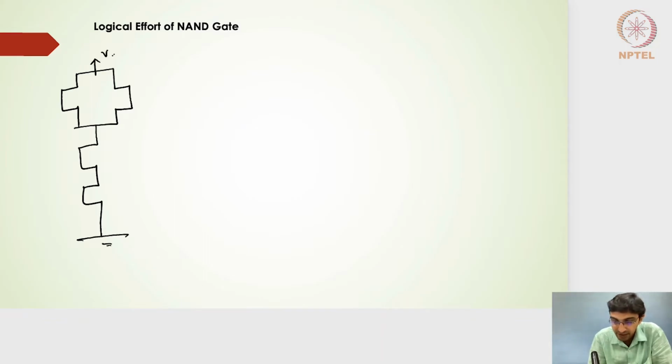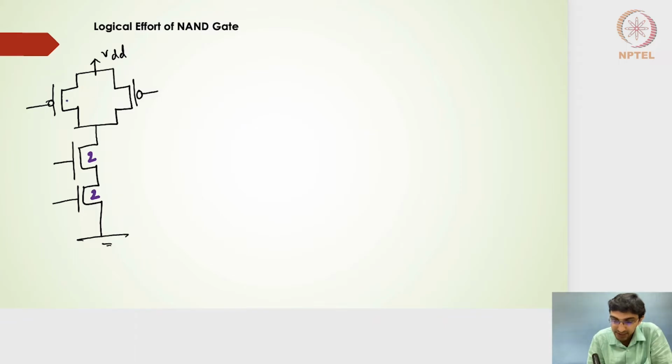This will be VDD, and because it's a PMOS, I need to have bubbled gates in the PMOS side, and then on the NMOS side it will be like this. The sizes are very important here, and as we know, this is a 2 input, so I'll make it the size of 2 and 2 so that the falling resistance will be equal to R, which matches that of our inverter's falling resistance.